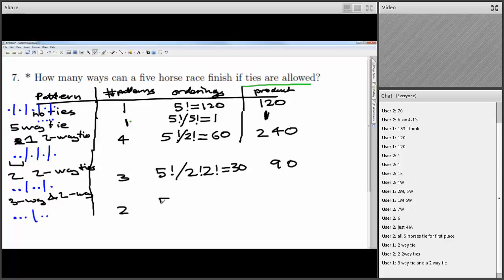Similarly, you've got 5 factorial divided by the number of ways of ordering the guys in the first group, 3 factorial, and in the second group, 2 factorial. That's going to be equal to 10. Take the product and that gives you 20 different ways of doing that one. That's the full house, so to speak. Any other ideas?